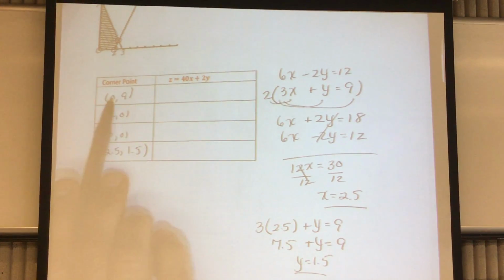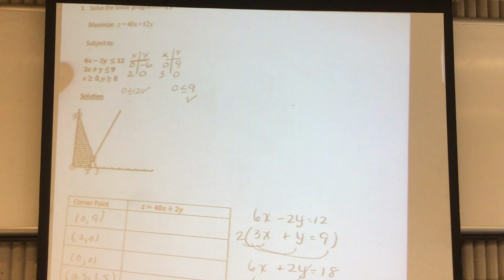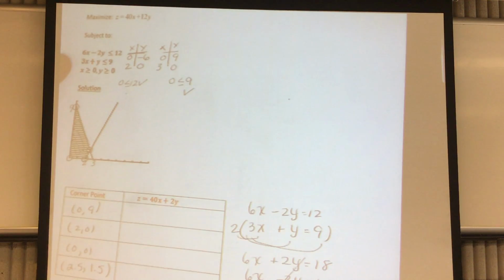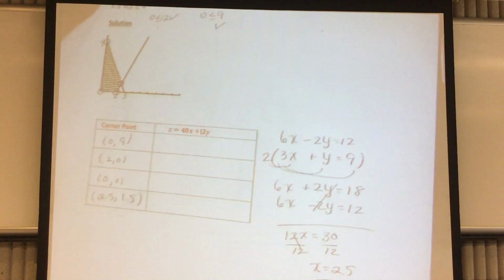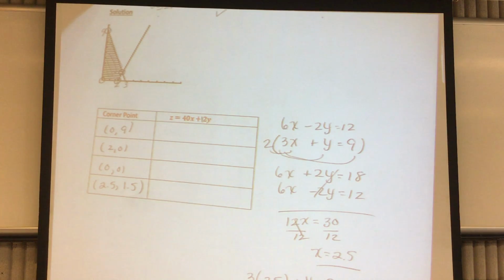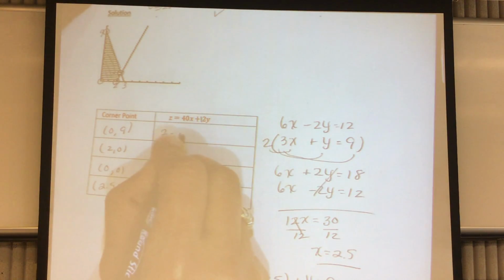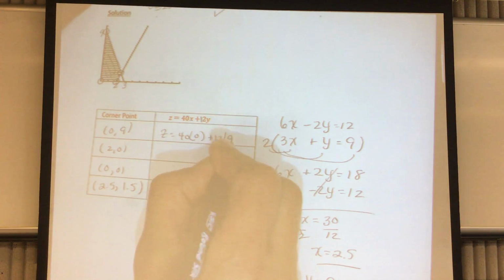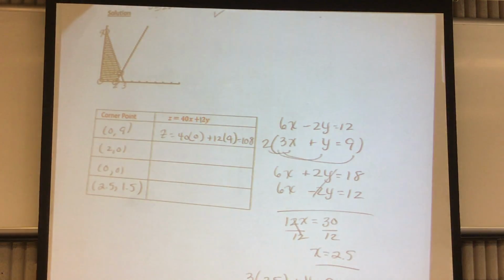So now I substitute each corner point into my objective function. And my objective function, again, is maximize z equals 40x plus 12y. So plugging this in here, I have 0 times 40 plus 12 times 9, and that is equal to 108.